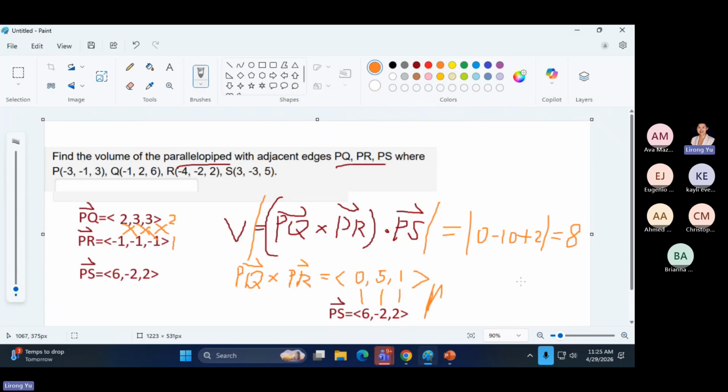Do you see any errors in my process? 2, 3, 3.